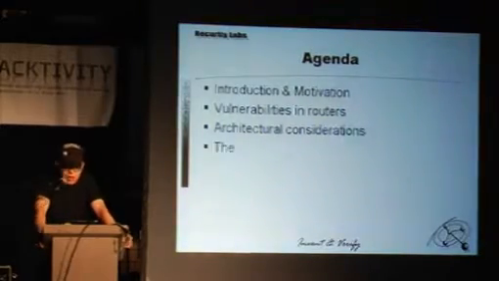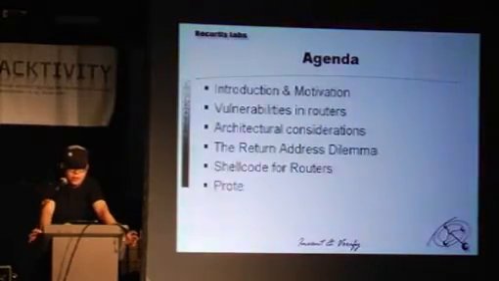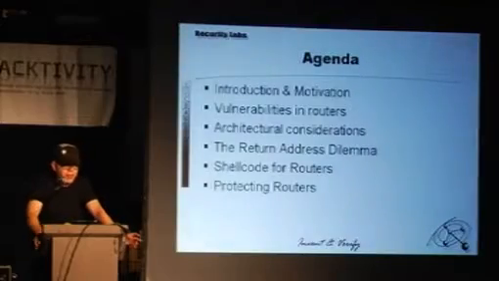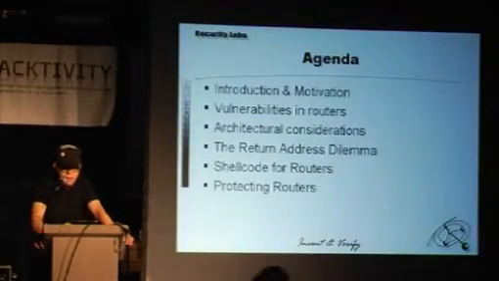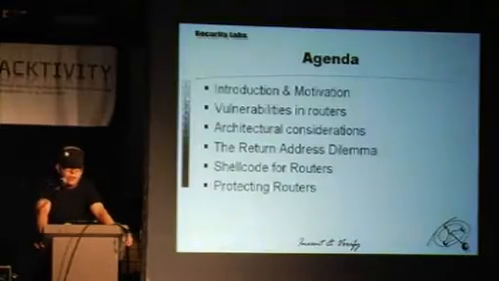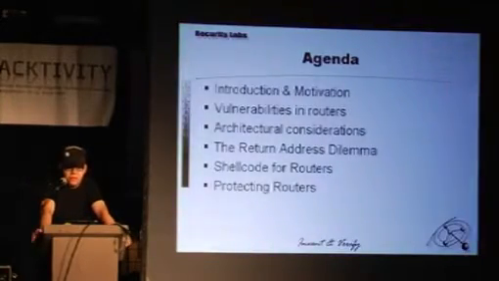So, what I'm going to cover is what's the actual motivation behind looking at Cisco IOS security. What vulnerabilities do we actually see in those routers, and what can we do with them?